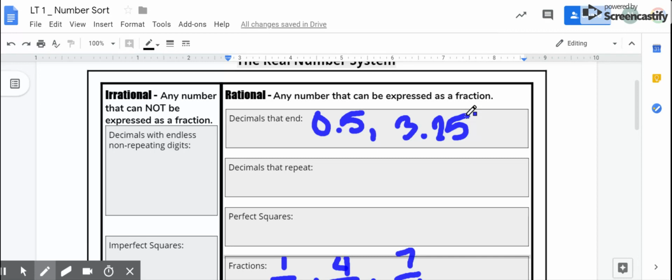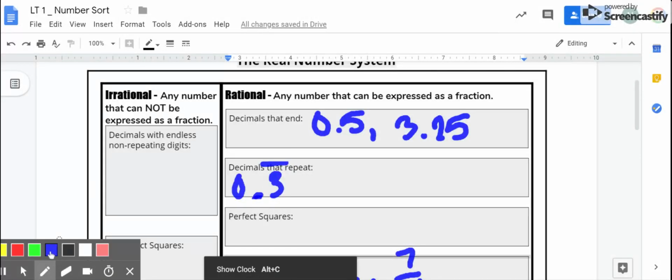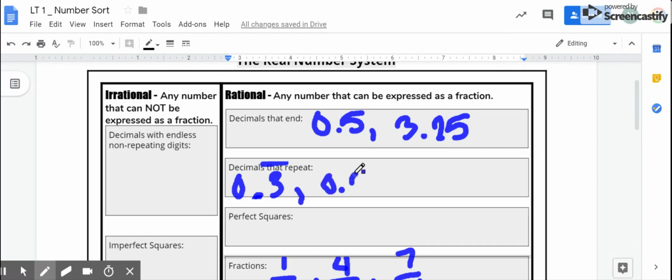So 3 and 25 over 100. Again, that decimal can be expressed as a fraction. Now, decimals that repeat. We can have 0.3 repeating, okay? That could also be written as a fraction. That is a commonly known fraction, as 1/3 is actually 0.3 repeating. We will actually learn later on how to turn these decimals into fractions.